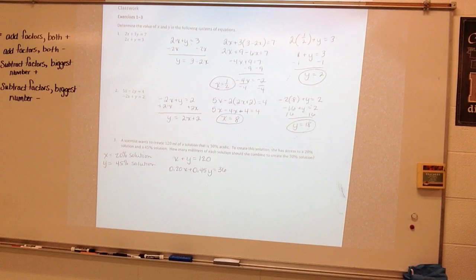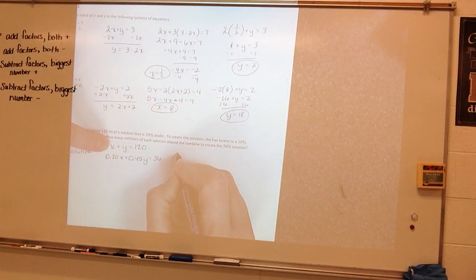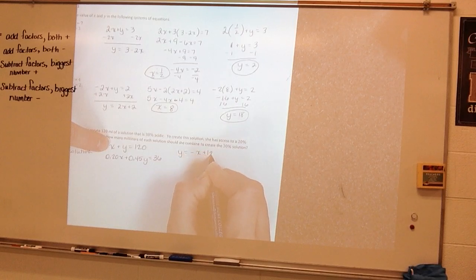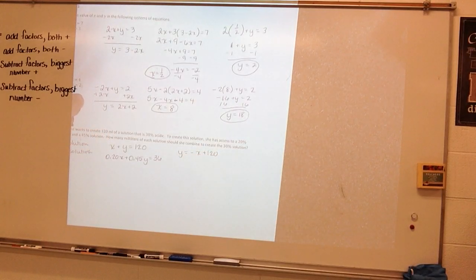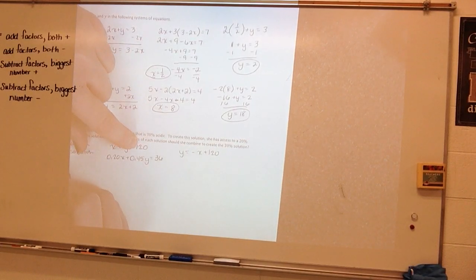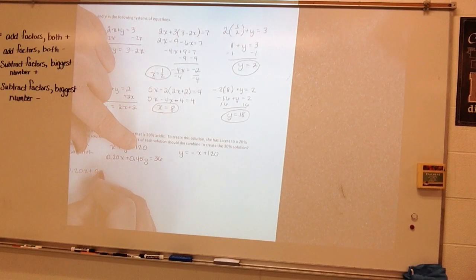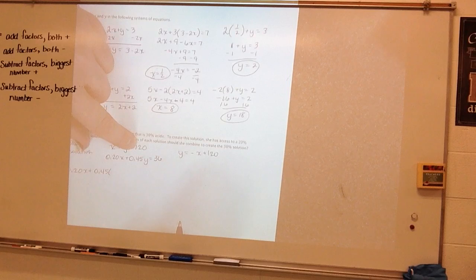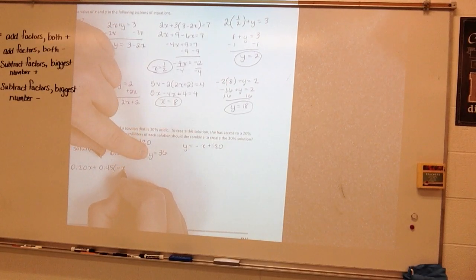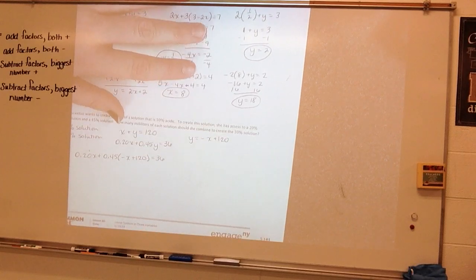Alright, so let's go ahead and we'll solve for y. So y is equal to negative x plus 120. Alright, let's go ahead and plug that in. So I get 0.20x plus 0.45 times negative x plus 120 is equal to 36.